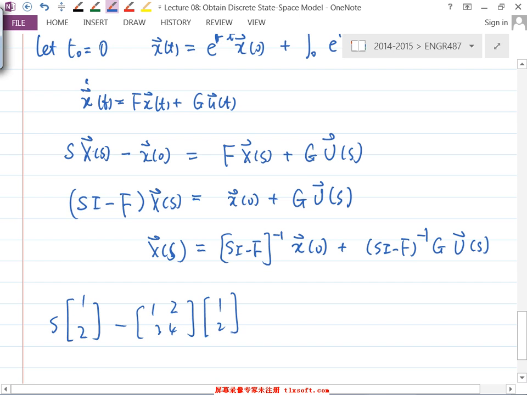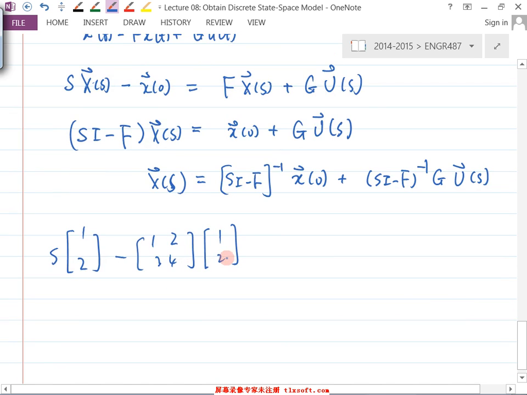If you don't take out the common factor, then it's s times this vector, and this matrix times this vector, so that's two vectors subtracting each other.